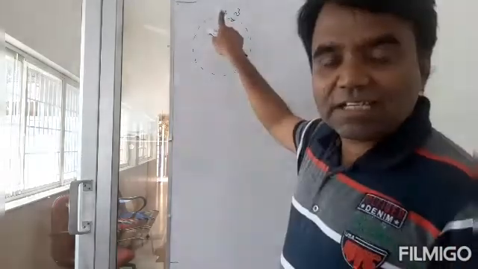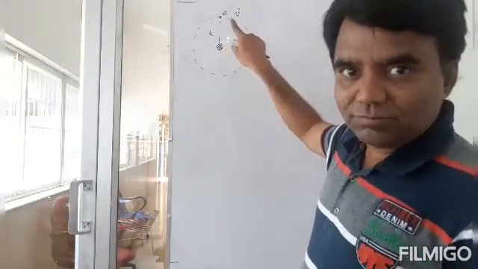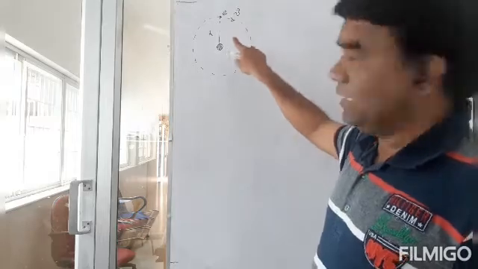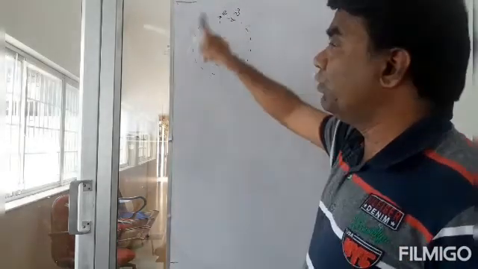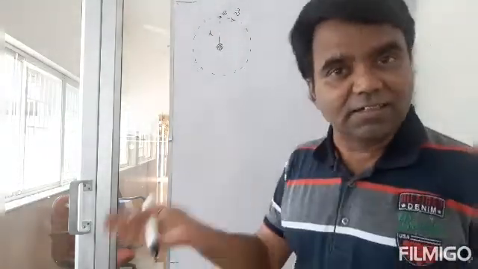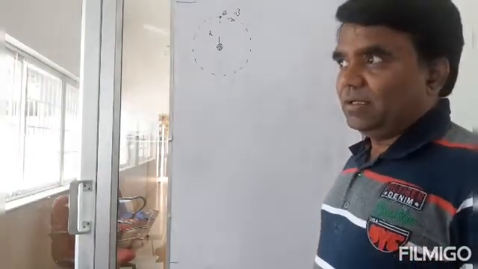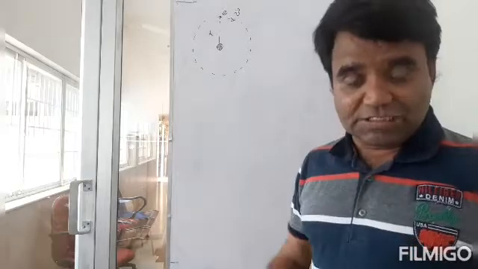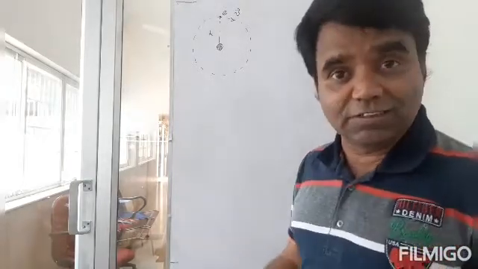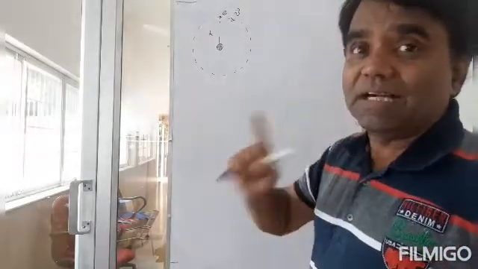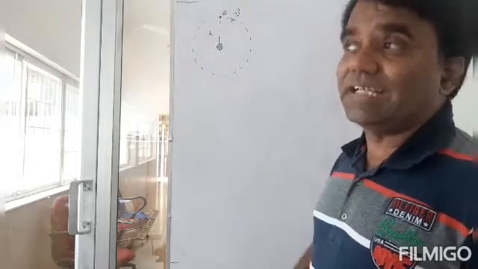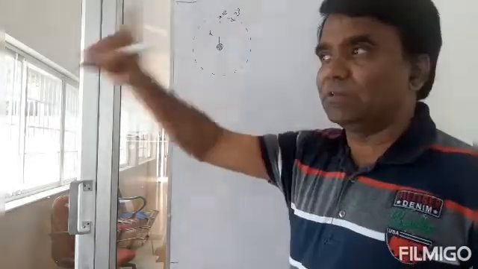What is an electron? An electron is an electric charge, and it is moving, which means there is current because of the movement of the electron. And if there is current, there would be a magnetic field. So there would be a magnetic field created by the moving electron.